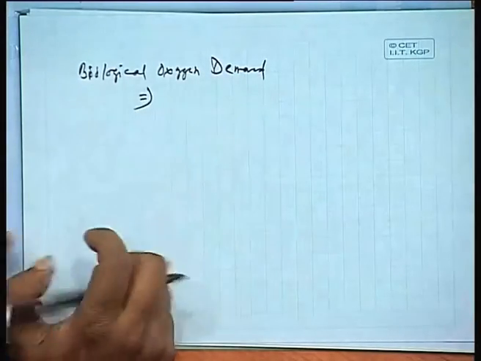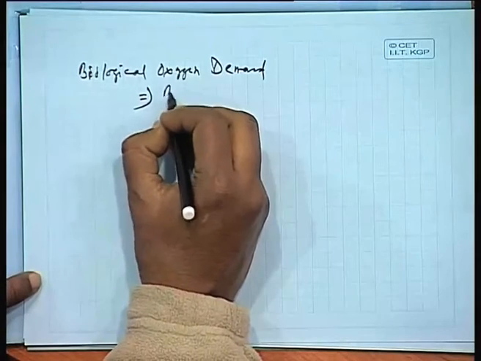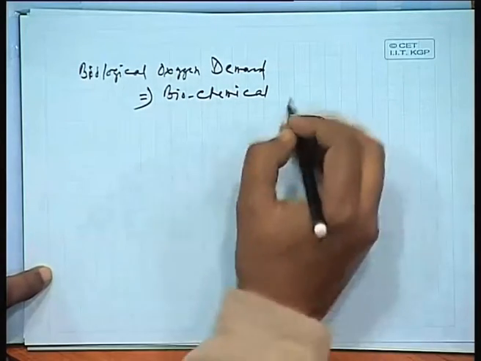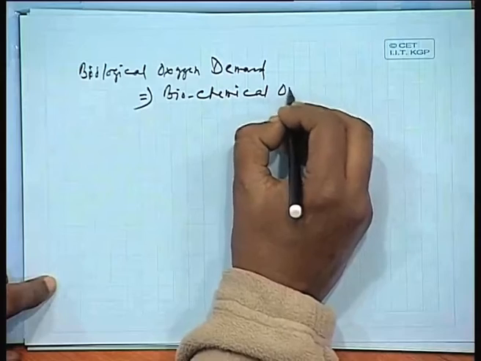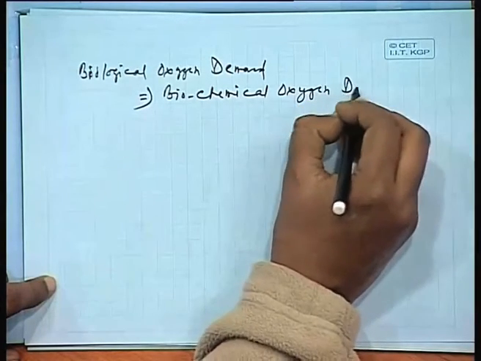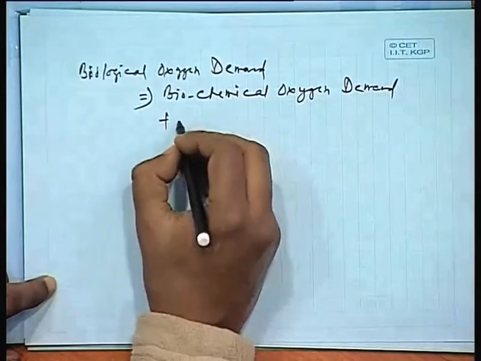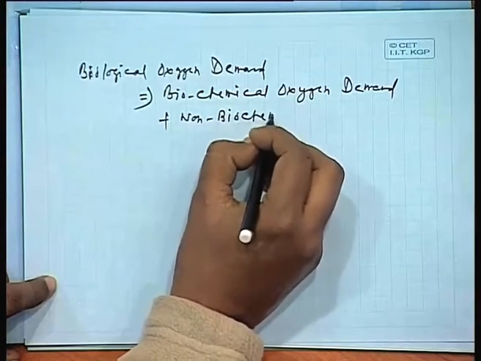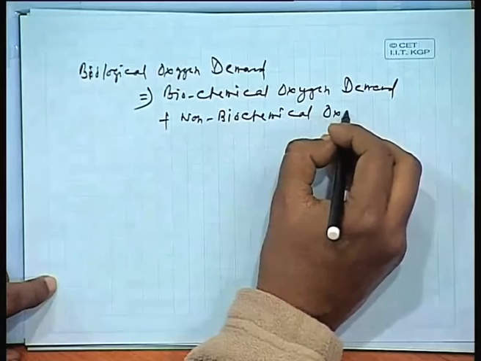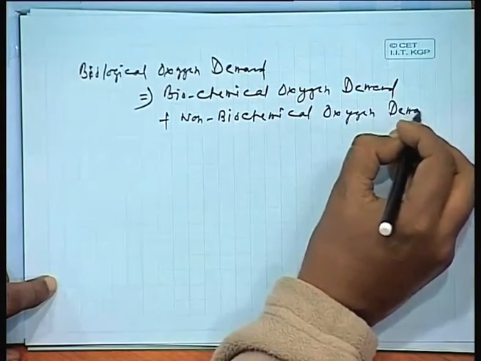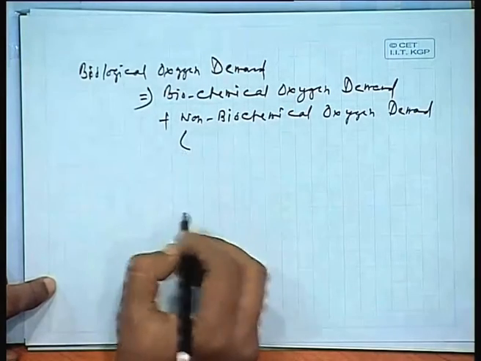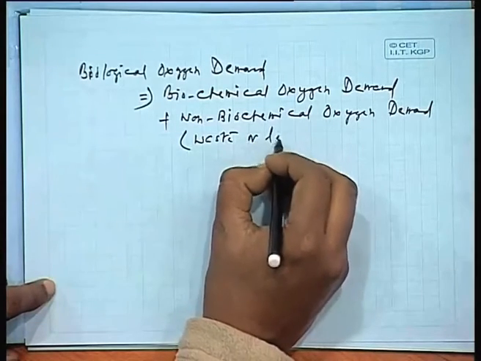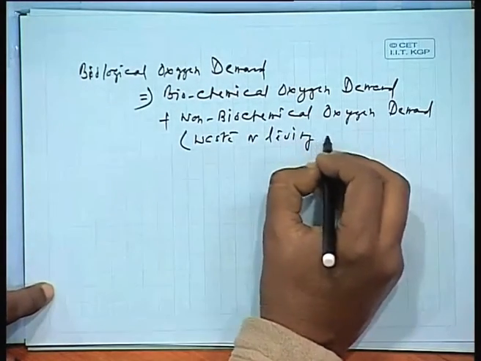It is biochemical oxygen demand plus non-biochemical oxygen demand, from waste or living organisms.